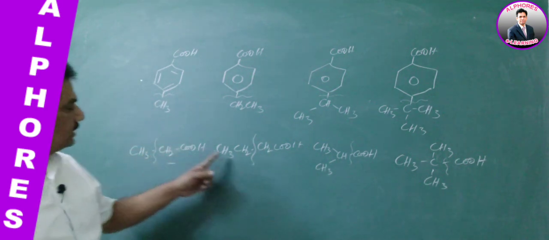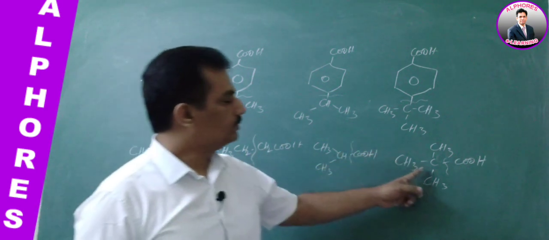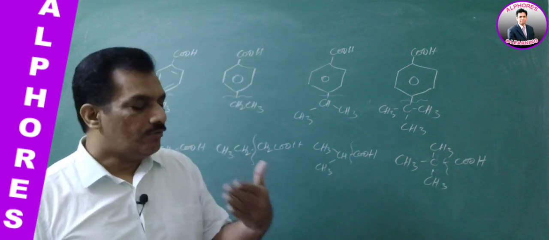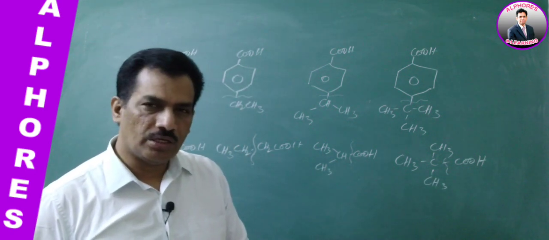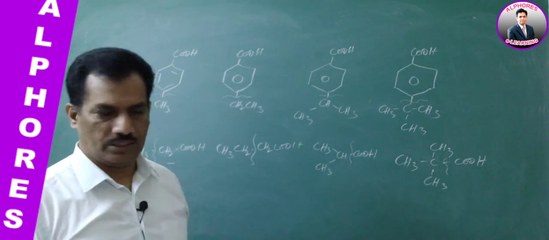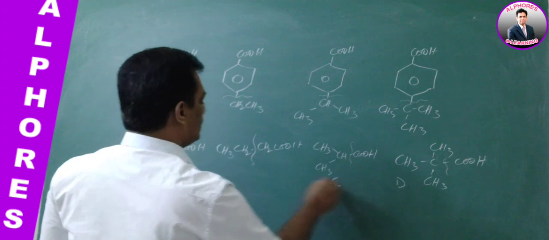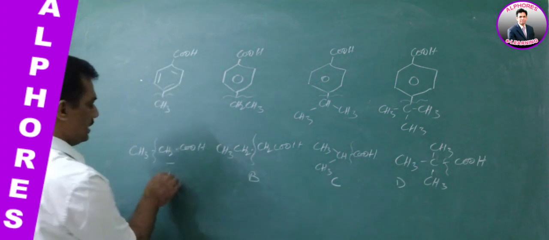So with increasing the number of carbons in this alkyl group, donating power increases, and when the electron donating power increases, acidic strength decreases. That's why if it is D, it is C, it is B, it is A.